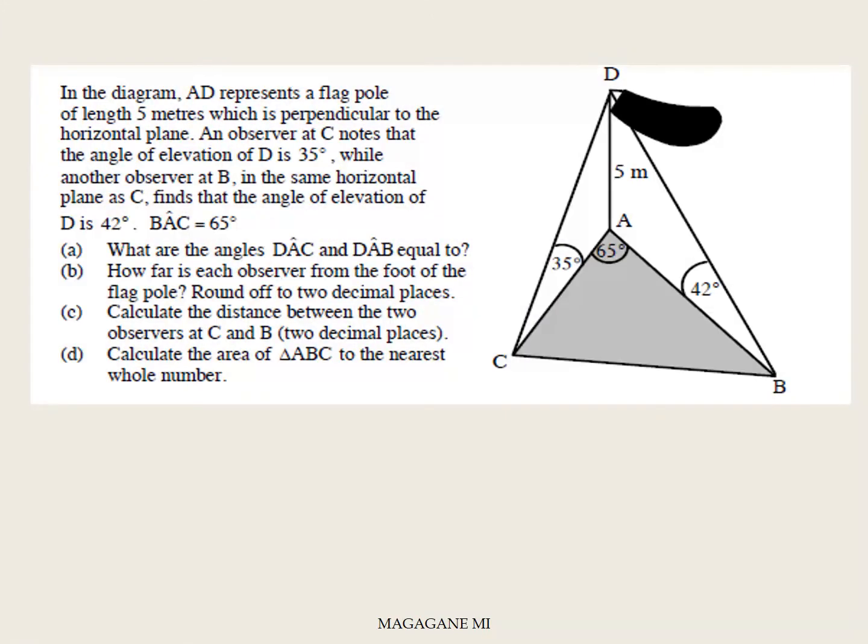Let's look at this diagram. In the diagram, AD represents a flagpole of length 5 meters, which is perpendicular to the horizontal plane. An observer at C knows that the angle of elevation of D is 35 degrees, while another observer at B in the same horizontal plane as C finds that the angle of elevation of D is 42 degrees.